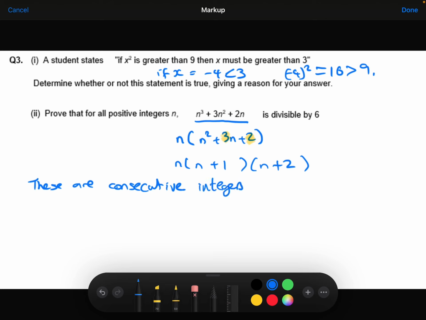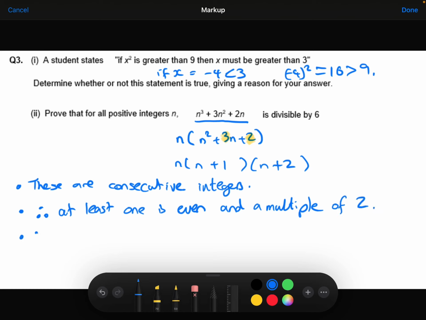Now, what that tells me is that at least one of those must be even, because it's either going even, odd, even, or it's going odd, even, odd. At least one of those must be even, and that means it's a multiple of 2. Every even number is a multiple of 2.